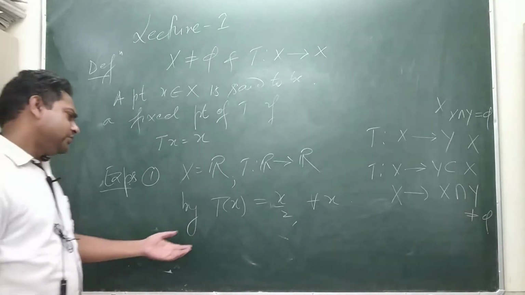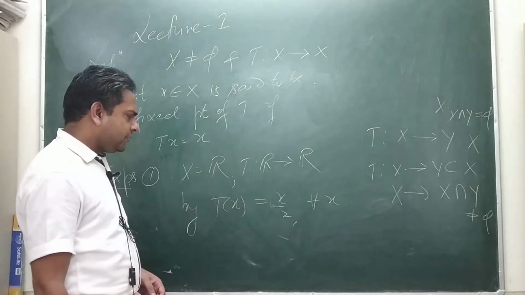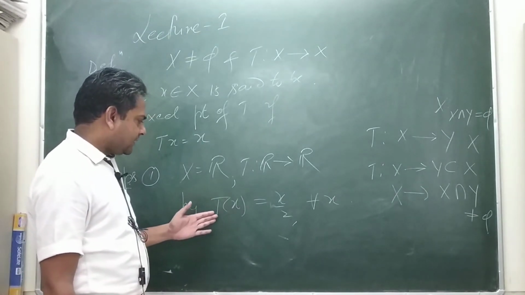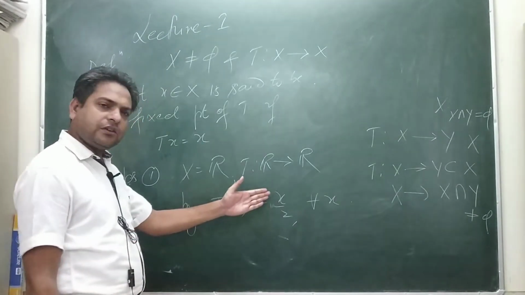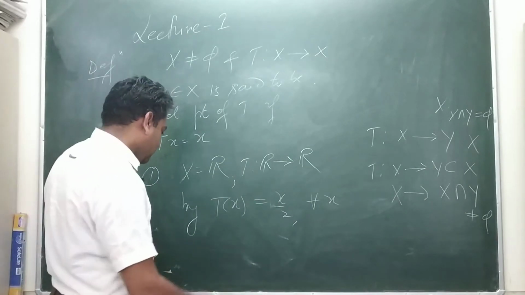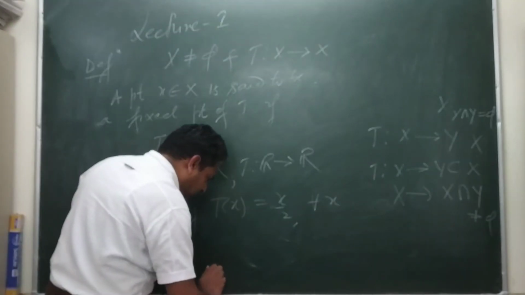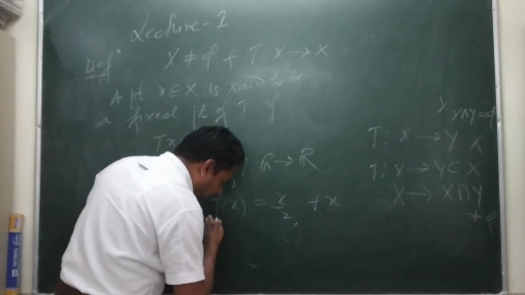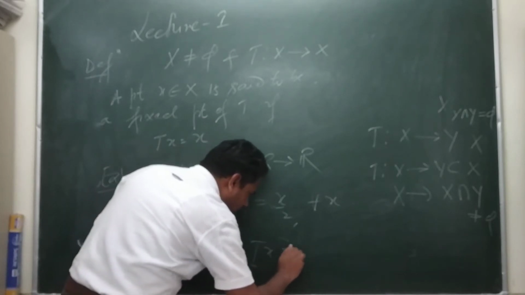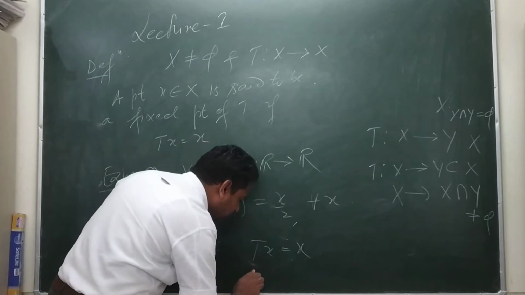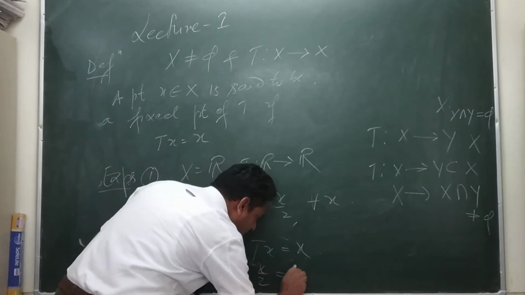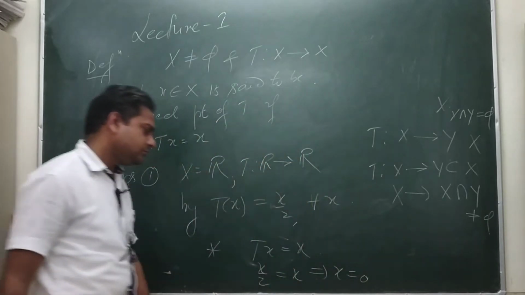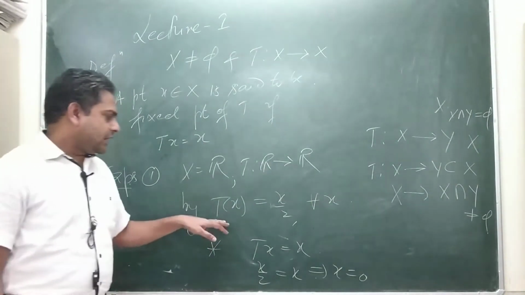To find the fixed point of an operator or mapping, we equate Tx equals x and then solve the equation. Here Tx is x/2, so x equals x/2, and this implies x equals 0.